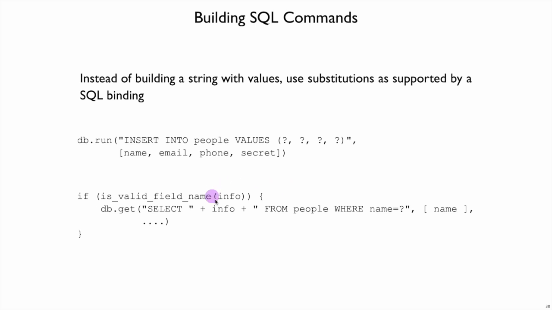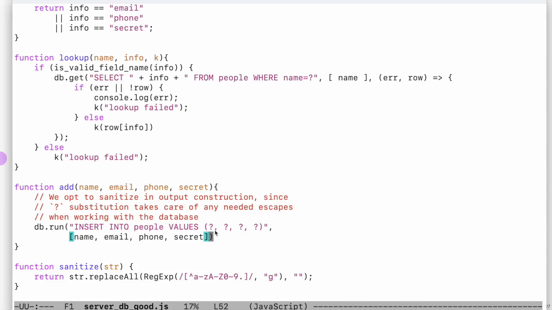So we should also do some validation, just like we did before, to make sure that we have good info fields. So validation, sanitizing, and using the right APIs are all, again, good ways of using SQL to avoid injection attacks. You might notice that the info field here still is injected into the code after validating it, but we don't have anything like question mark.